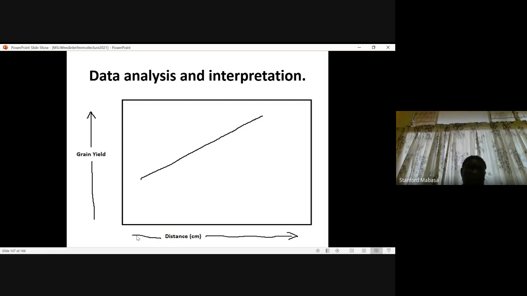You can see that as the weed is moved away from the crop, yield starts increasing. What it means is that those weeds positioned farther away are not actually damaging the crop. So regression analysis or graphs can be used to interpret these types of experiments, neighborhood experiments.